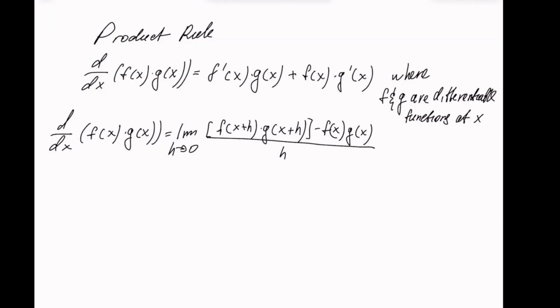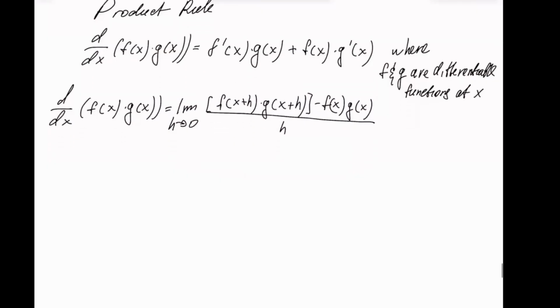So now the idea here is you need to add and subtract a term to this limit. So what I will have here is limit as h goes to 0 of f of x plus h times g of x plus h.